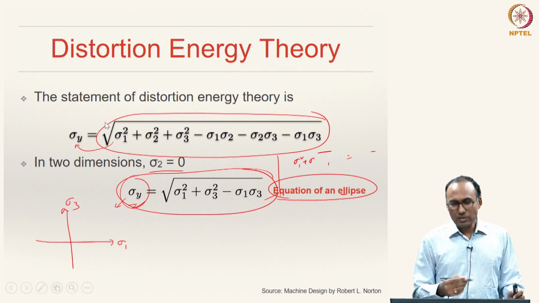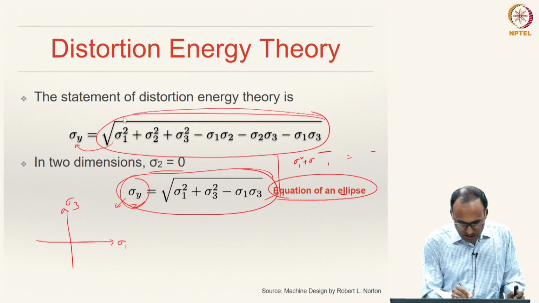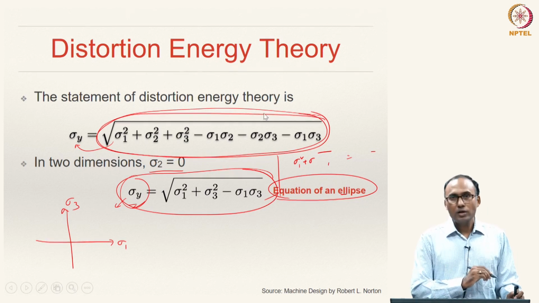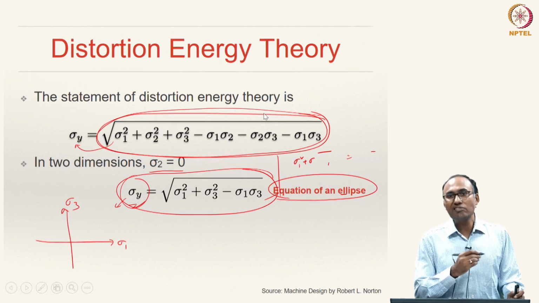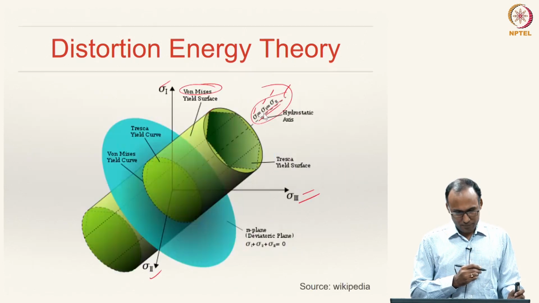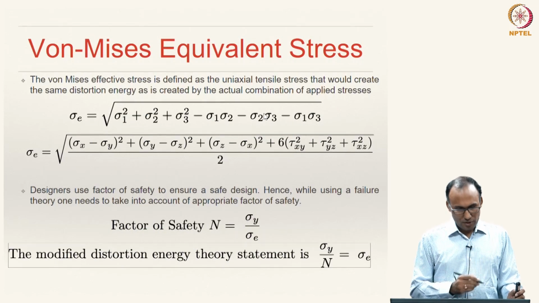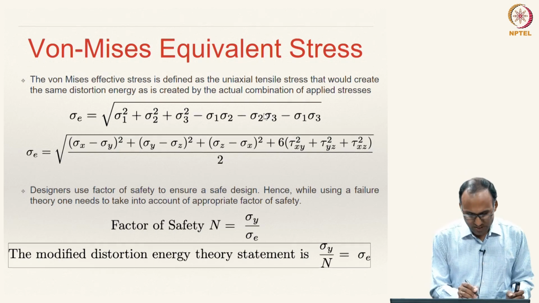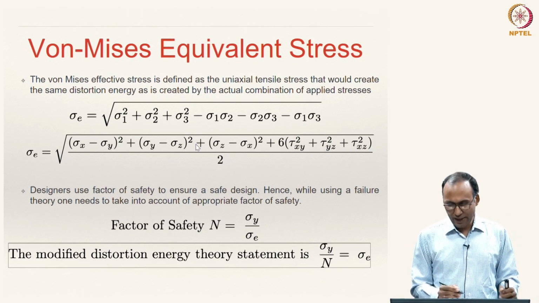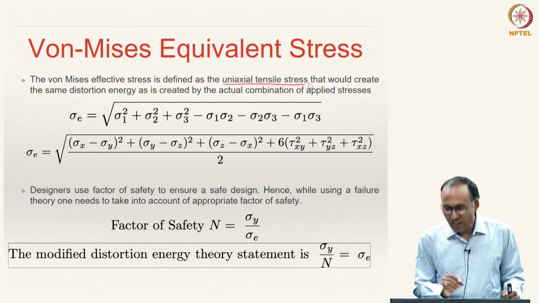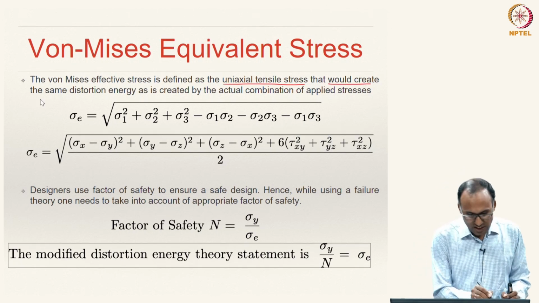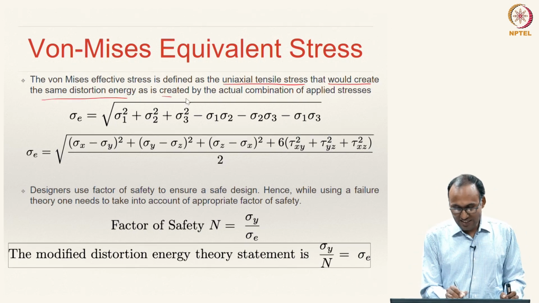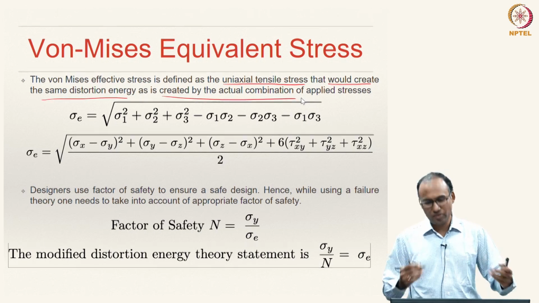So, now we can say this value can be given a name called equivalent stress. This is what we call the von Mises equivalent stress or von Mises effective stress, defined as the uniaxial tensile stress that would create the same distortion energy as is created by the actual combination of applied stress.